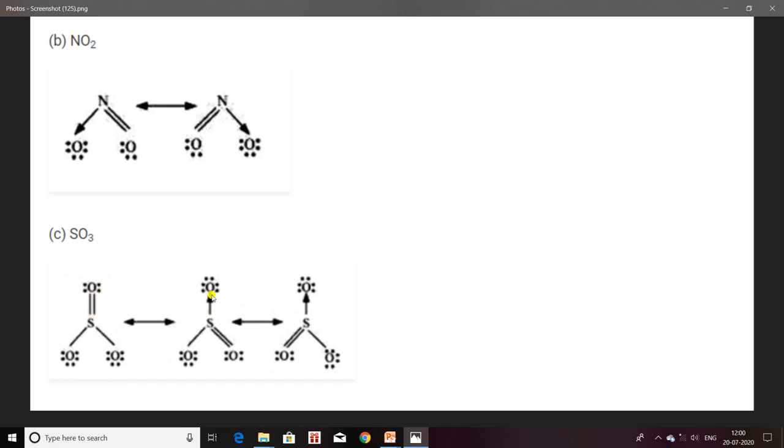So here you can see that this is a single bond and here there is a double bond. Now what will happen? We will take these two bonds. These electrons which are present here will shift here and they will make a double bond. At the same time, this double bond will shift here in the form of an electron pair. So it will become a single bond and it will become a double bond.